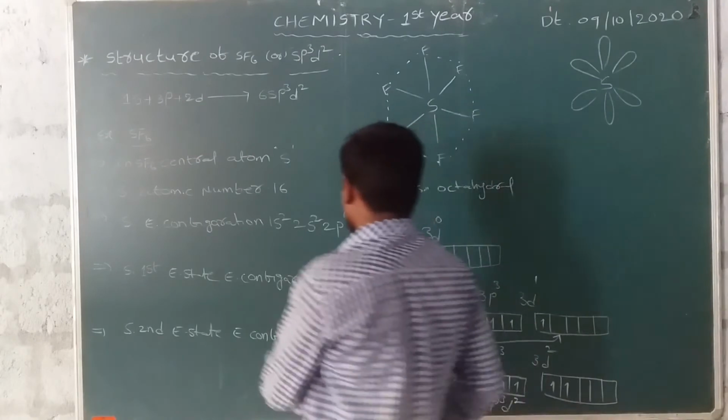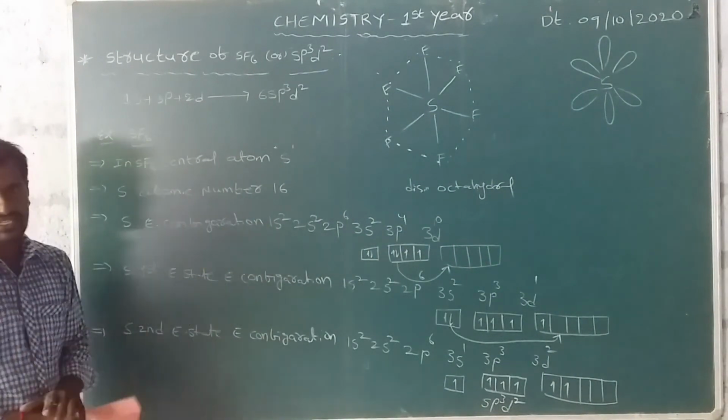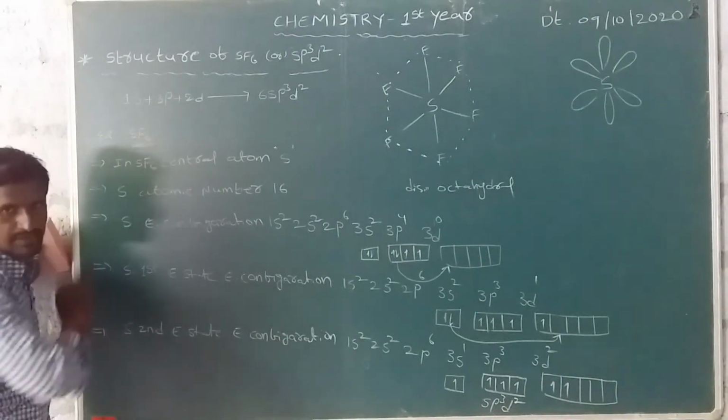How many sigma bonds are present in SF6? Six fluorine atoms are present.